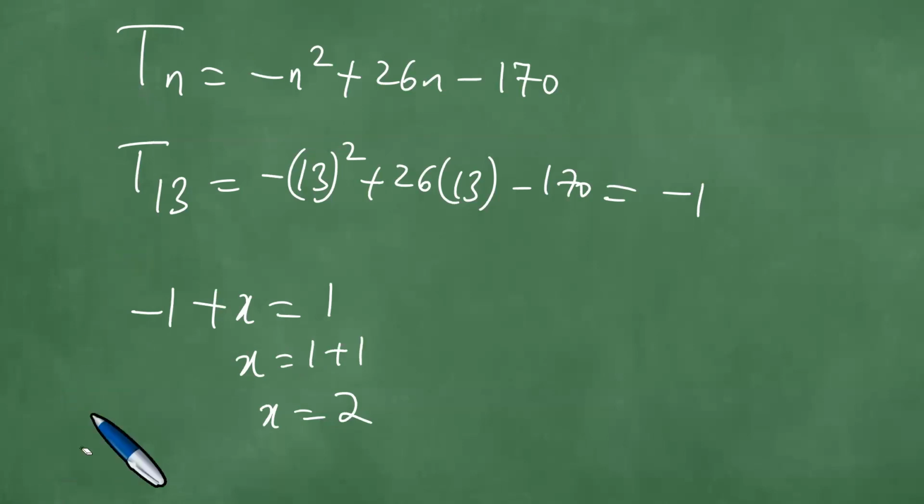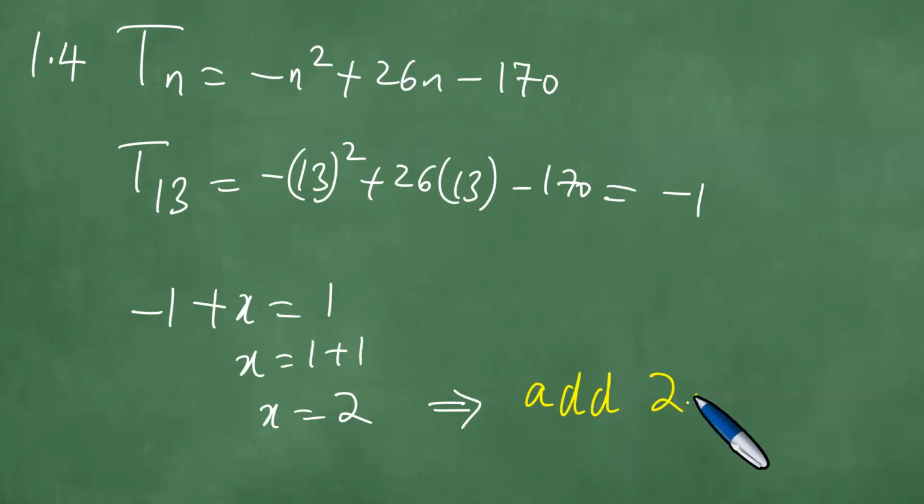So this is 1.4. And this means that you need to add 2. Okay, you need to add 2 to minus 1 so that the result is 1.